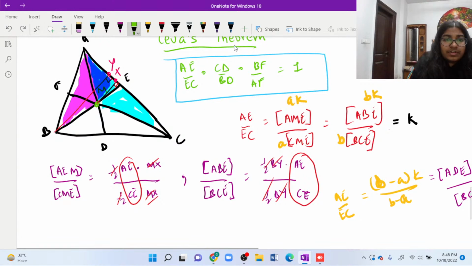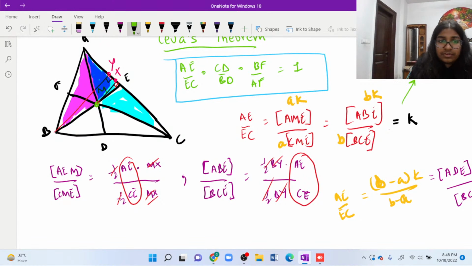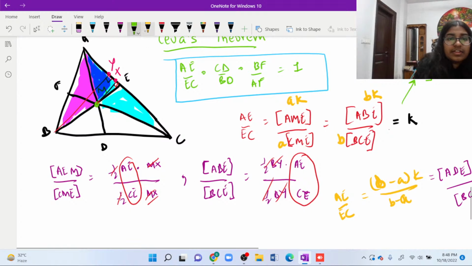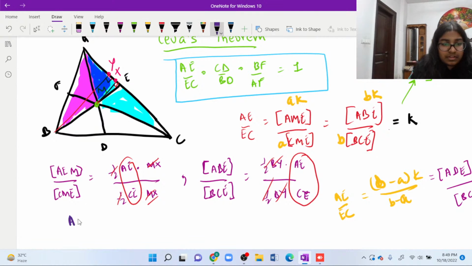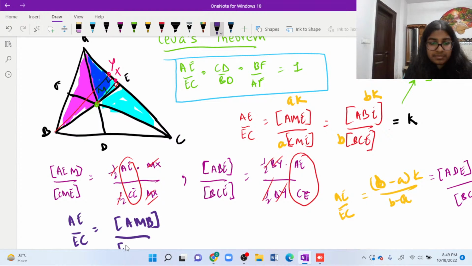So this value is just equal to ABM by CBM. So we got that AE by EC equals AMB by BMC.